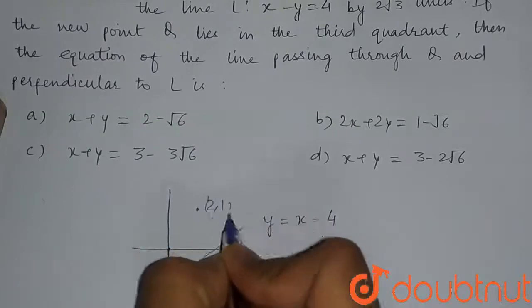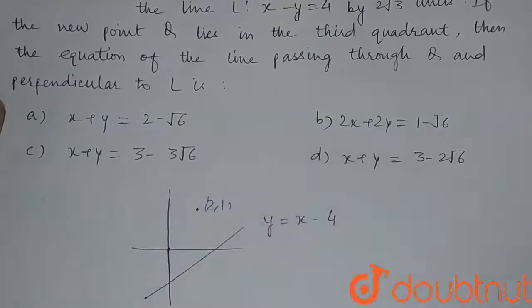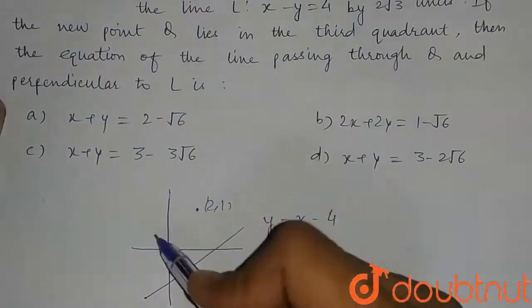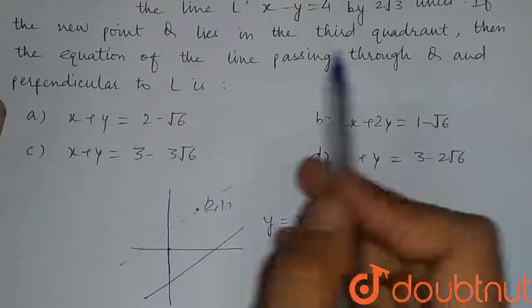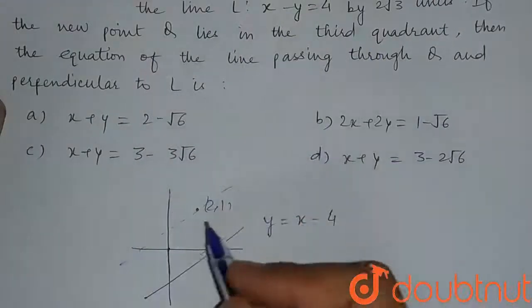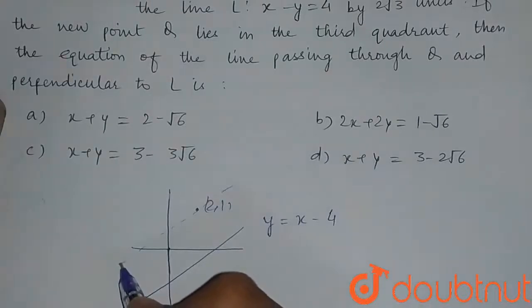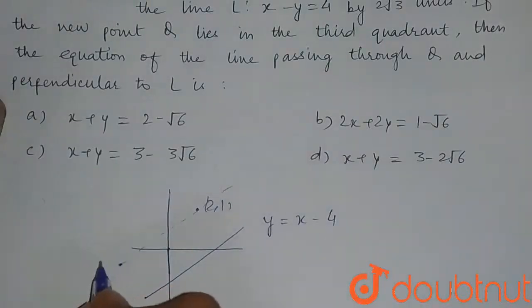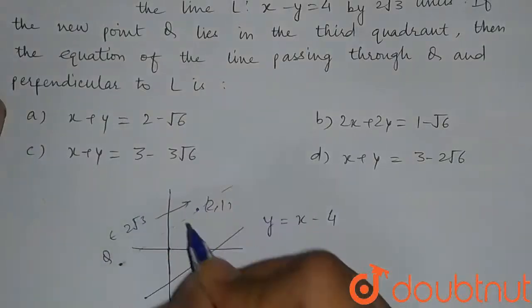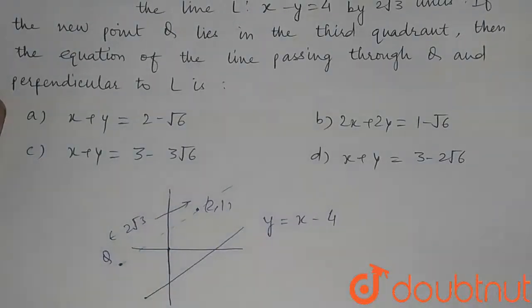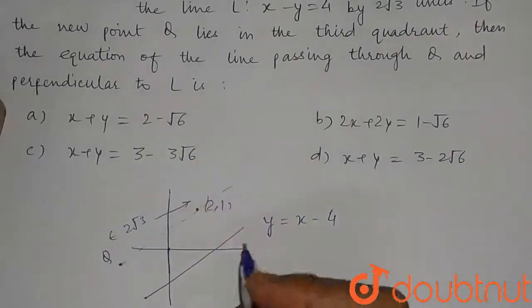Now it is translated parallel to this line, meaning in this direction, and the new point Q lies in the third quadrant, so the point is shifted somewhere here, and the distance given is 2 root 3 units. So we have to find the line.